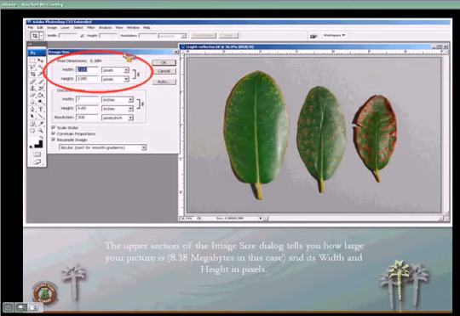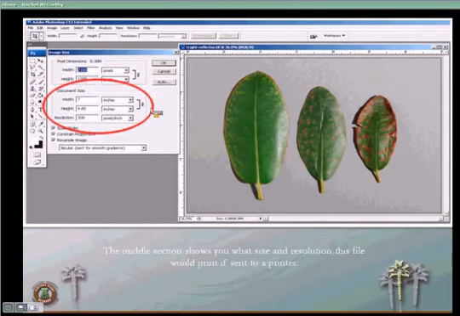At the very top, it tells you how big your picture is in pixels. So this picture is 8.38 megapixels, which means 8.38 million pixels. And it also tells you the pixel dimensions, 2100 pixels width and 1395 height.